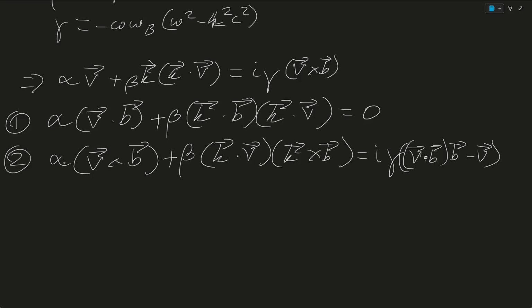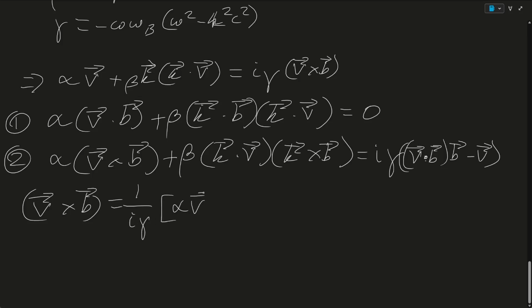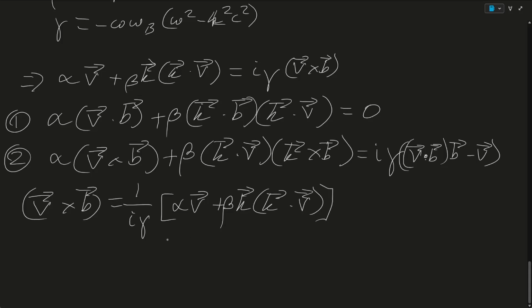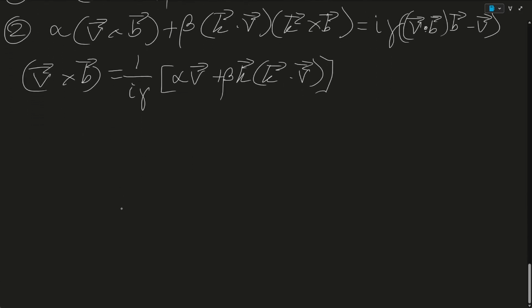Because of step 2, we know that V cross B is I gamma, sorry, alpha V plus beta K dot V. Wonderful.